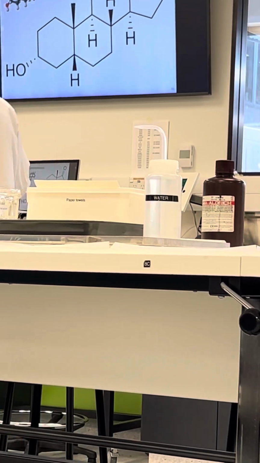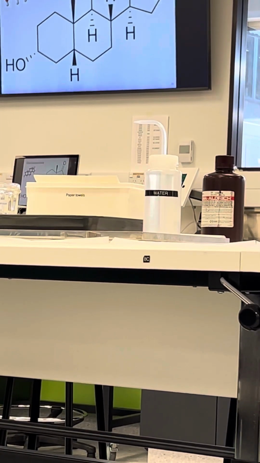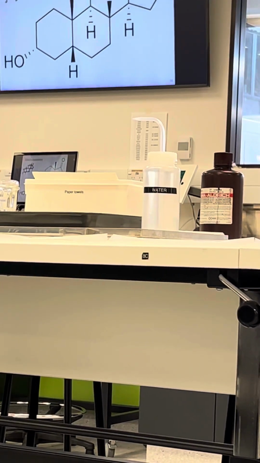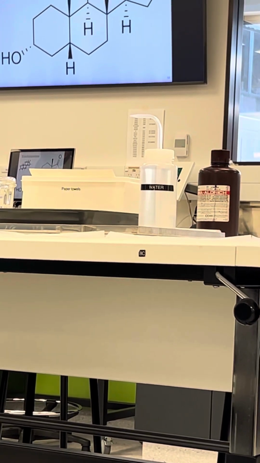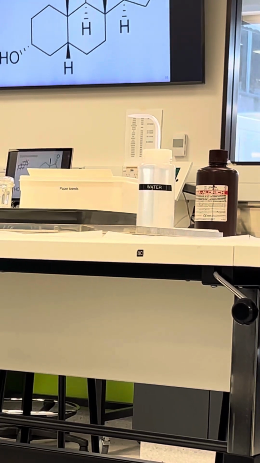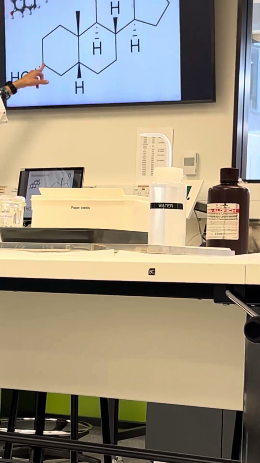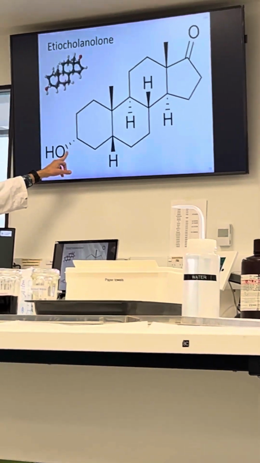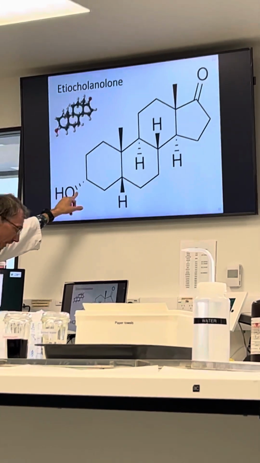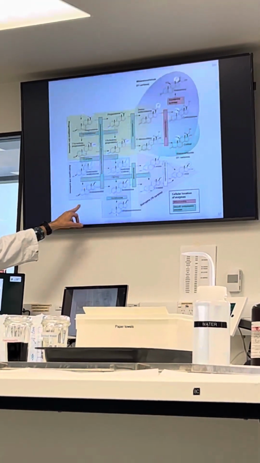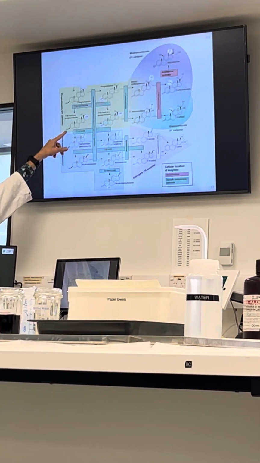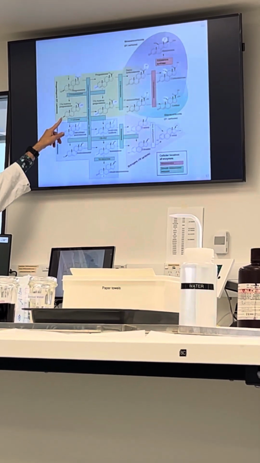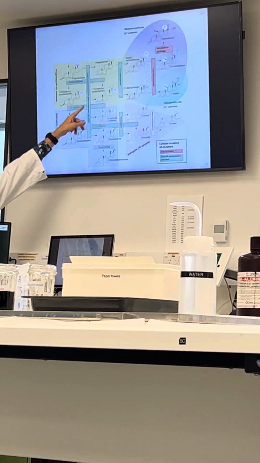Now, etiocholanolone, as you may notice, look at the 3 position here. Anyhow, no mouse, but my finger works. Hydroxyl group. So what does that hydroxyl group remind you of? These hydroxyl groups here, and these hydroxyl groups are what HSD converts.